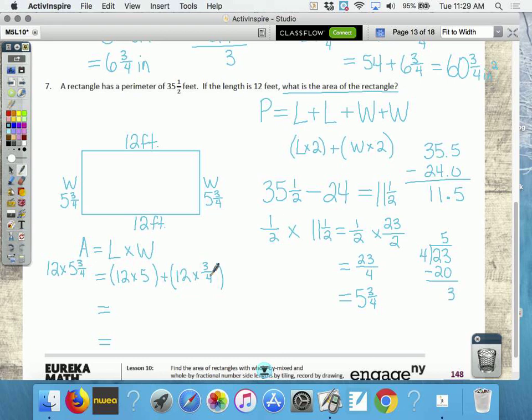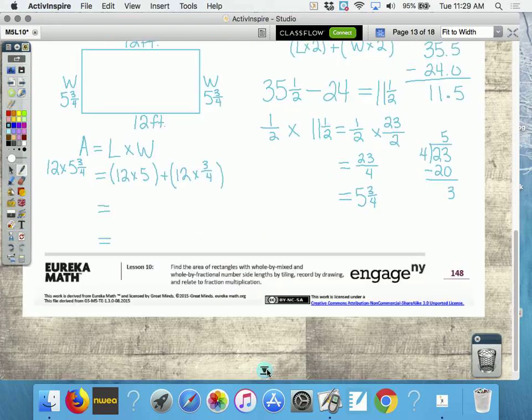Now I know 12 times 5 is 60. I think I'm going to start putting my labels on there. Okay? And 12 times 3/4. Let me pull a stick here. George B., you remember how to do that? 12 times 3/4. So I'm going to do 12 times 3. What's that?